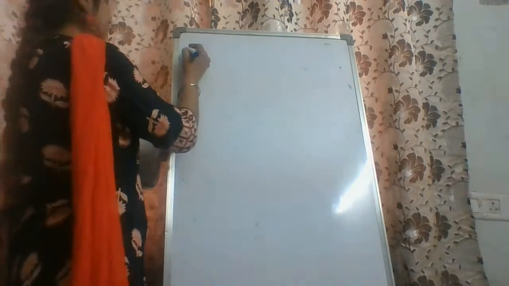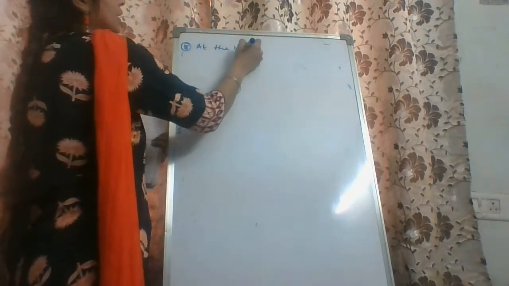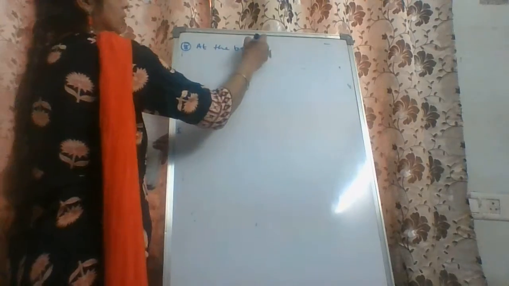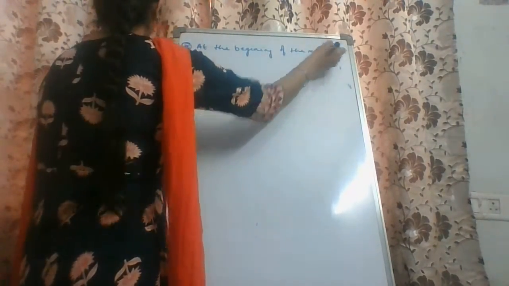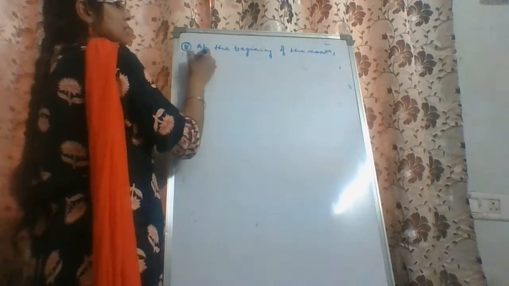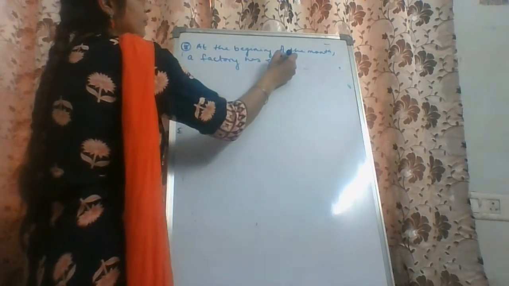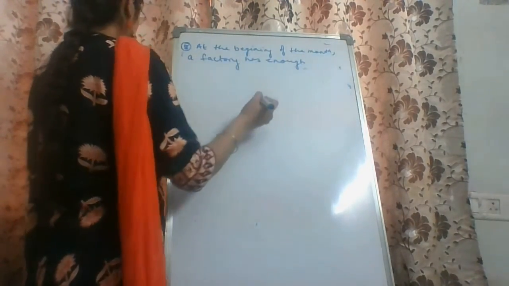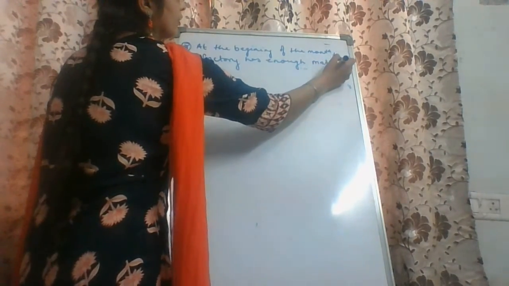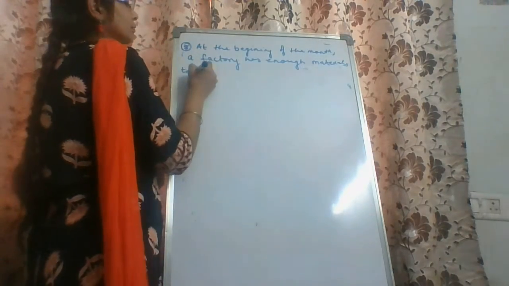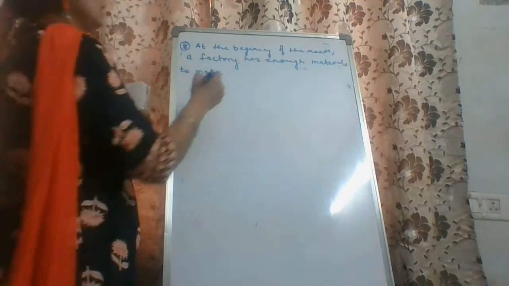At the beginning of the month, a factory has enough material to make 240 tons of steel in a month.